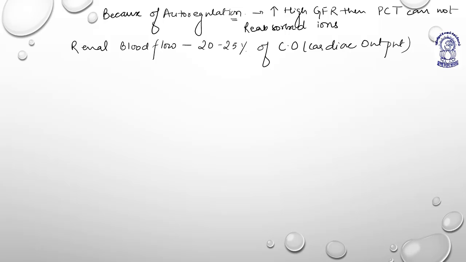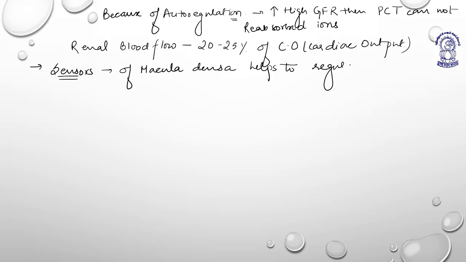The sensors, osmoreceptors and chemoreceptors of the macula densa help to regulate GFR.